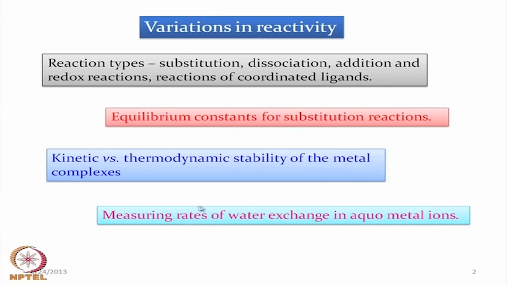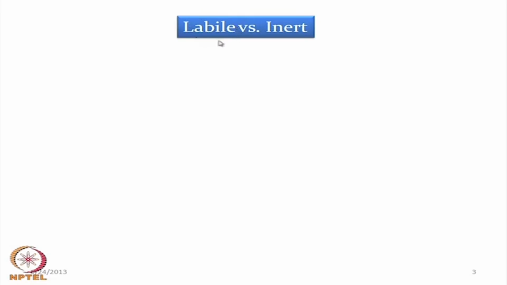Sometimes we can monitor it by some NMR technique, or in some cases by isotope effect, that means the water molecules utilized are isotopically labeled, O17 or O18 of water molecules can be labeled, and we can find out the exchange reaction with our parent aqueous complexes. So, we get two different types of compounds, one is labile and another is inert.